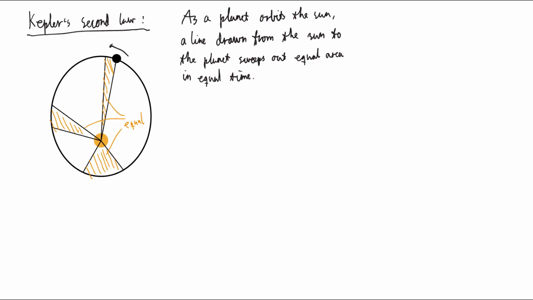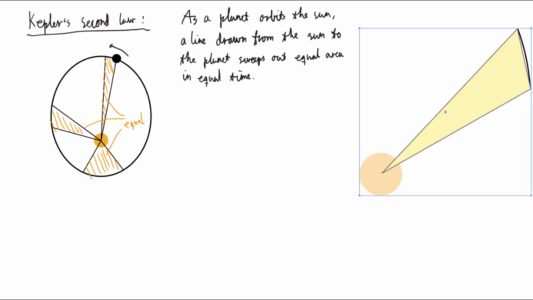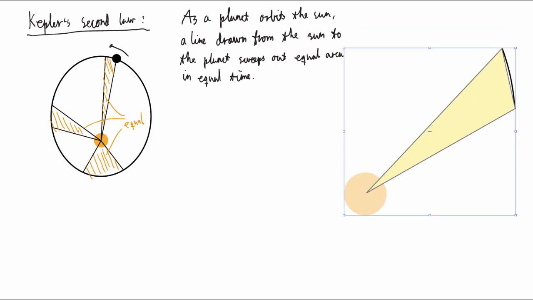Okay. Now, to see what this has to do with conservation of angular momentum, I'm going to blow up one little section like this in more detail. So here's the Sun. We have the planet starting out at point P here at time t, and it ends up at point Q here at time t plus dt.